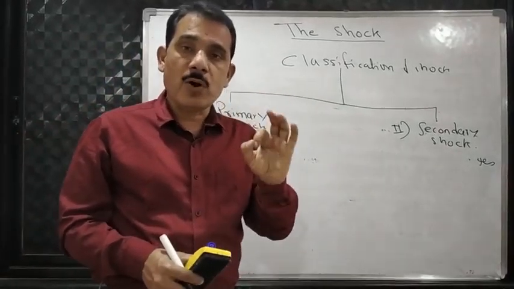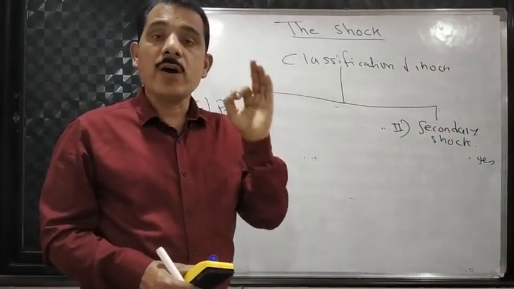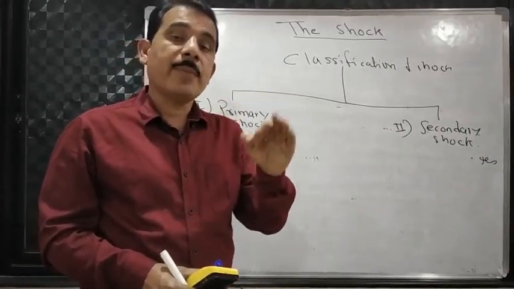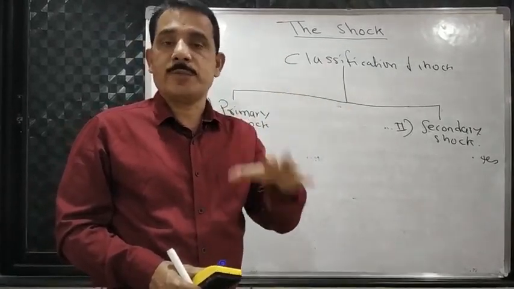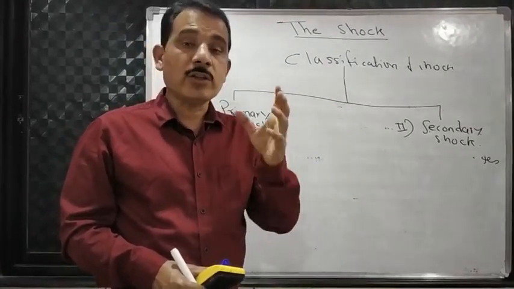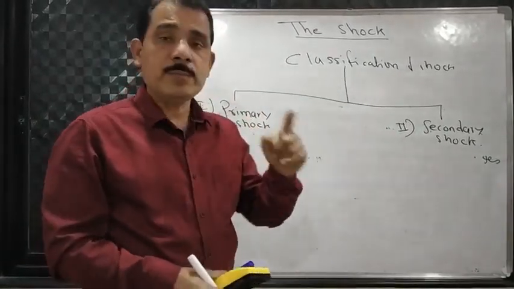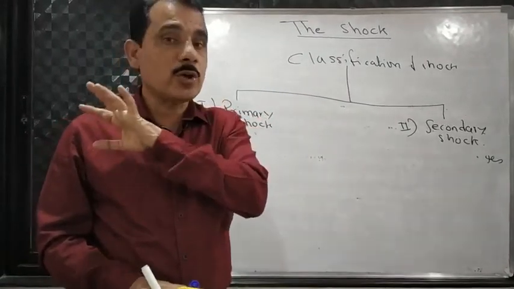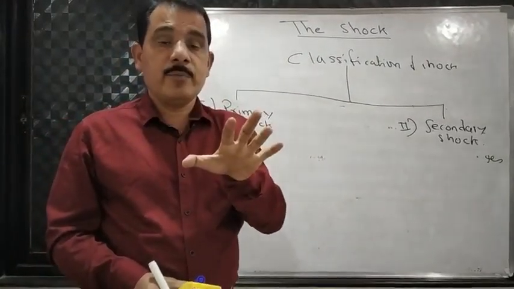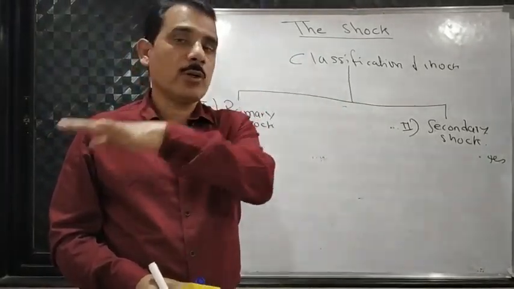The primary shock is the type which occurs without any pre-existing abnormal condition in the body of the subject. It means a pre-existing condition leading to collapse of peripheral circulation did not exist prior to the shock. It occurs suddenly and the patient undergoes shock.